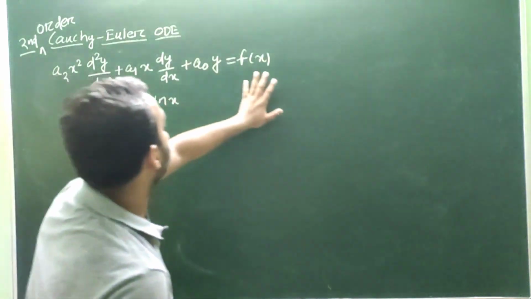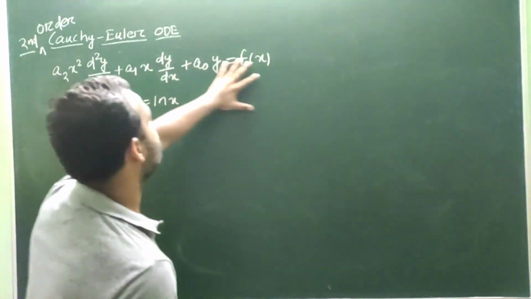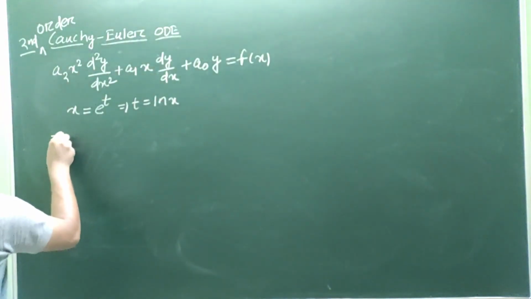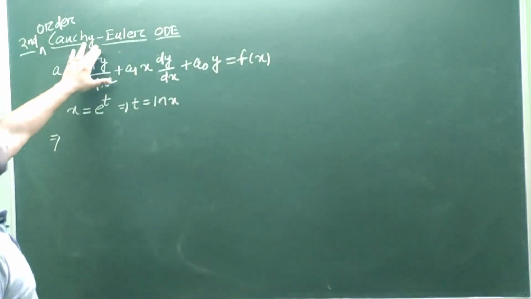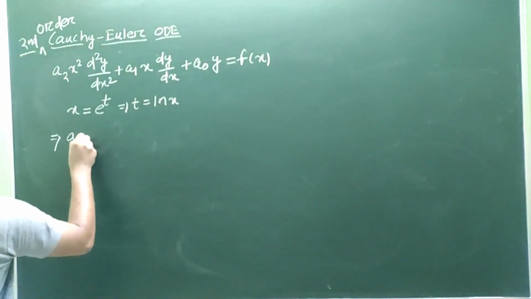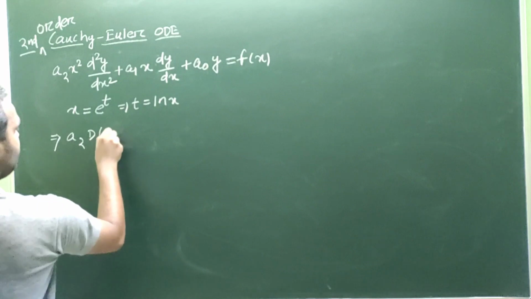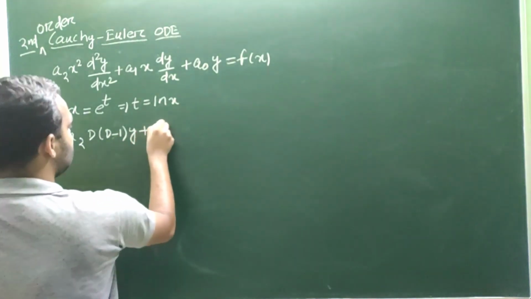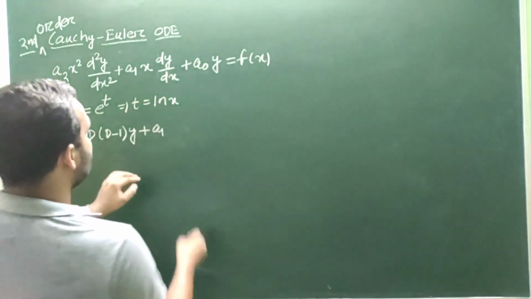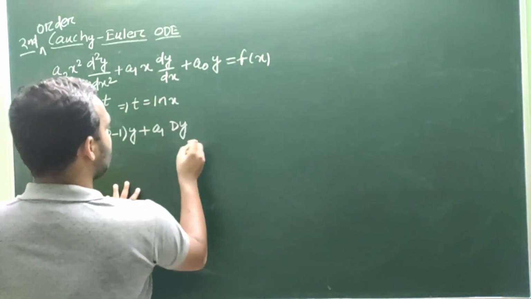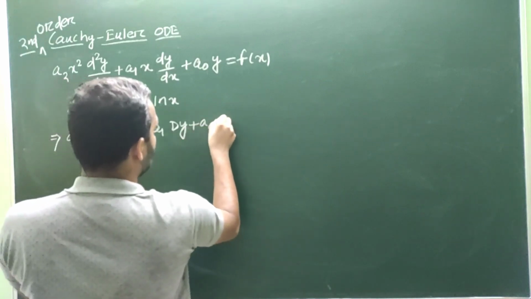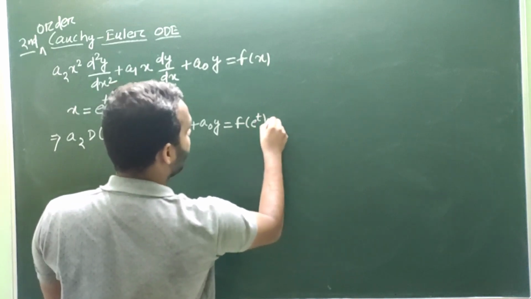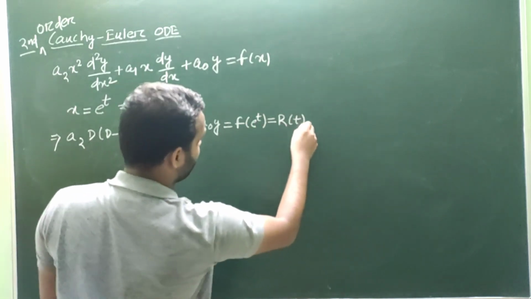Right? So all the terms will now be reduced to d by dt, or capital D terms. So we can write x square d square y by dx square as a2 D into (D minus 1) y, plus a1 x dy by dx as capital D y, plus a0 y is equal to a function of e to the power t, or we can take it as some function of t.